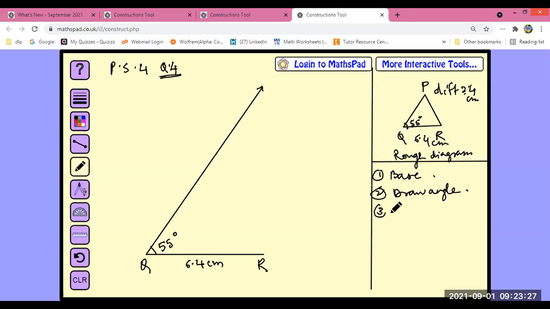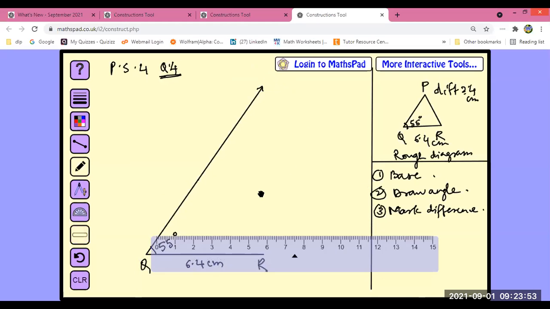Step 3. We mark the difference. How do we mark the difference?